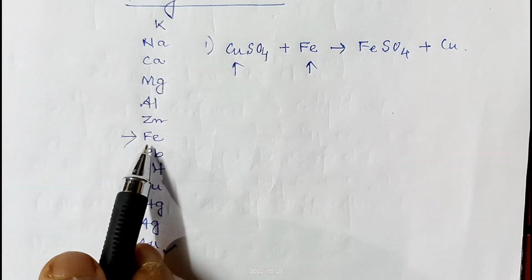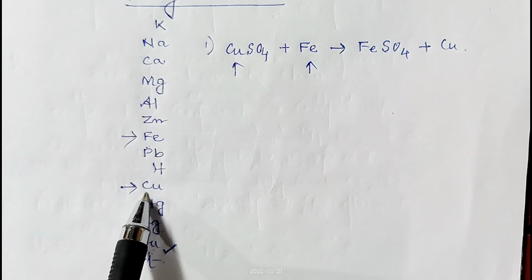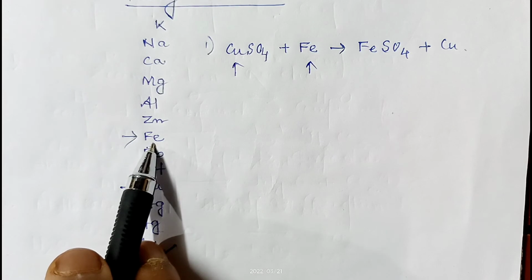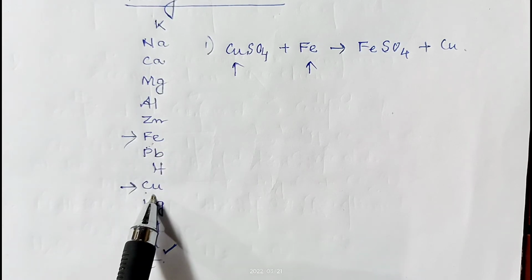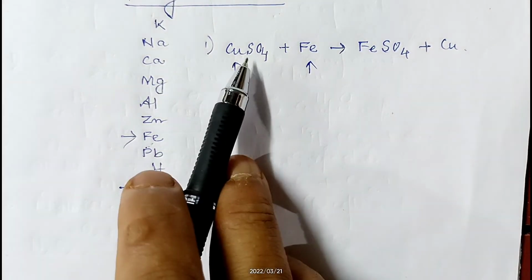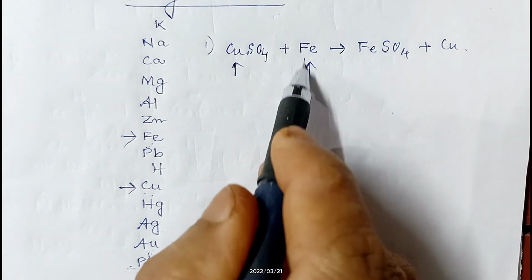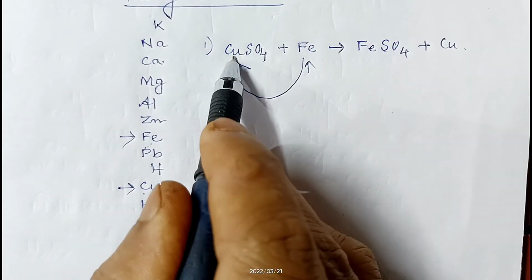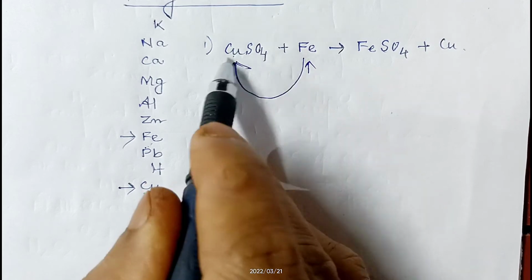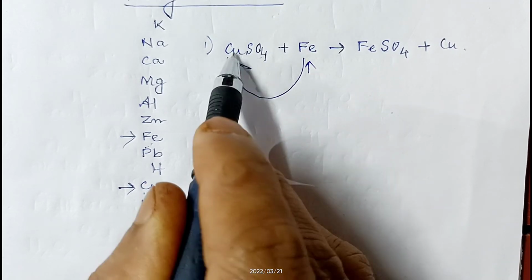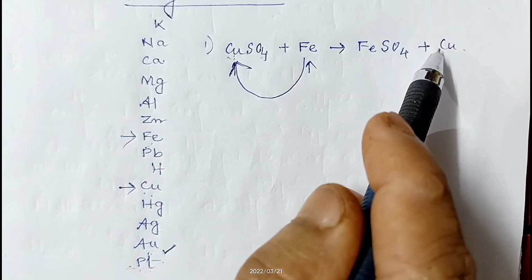So iron is more reactive as compared to copper. Since iron is more reactive, it is going to displace copper from copper sulfate solution. So we got iron sulfate and this copper will be displaced.